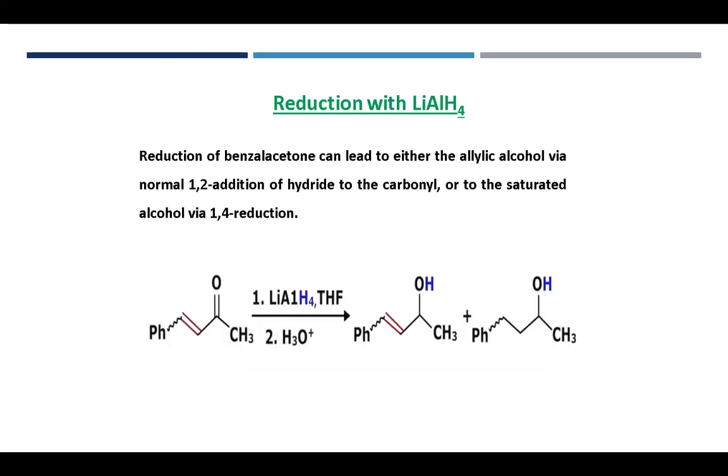Reduction with LiAlH4: if you consider the reduction of benzyl acetone, that can lead to either the allylic alcohol, via normal 1,2 addition of hydride to the carbonyl, or it can lead to the saturated alcohol, as shown here, via 1,4 reduction.